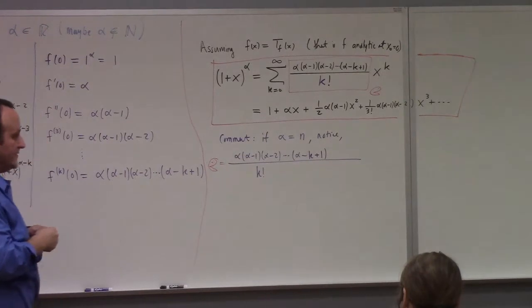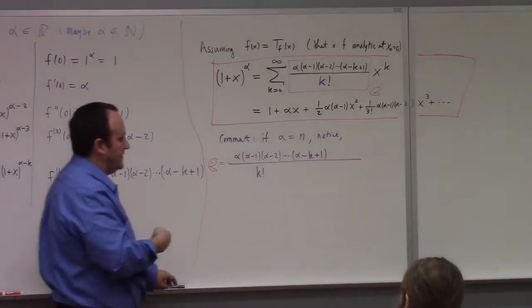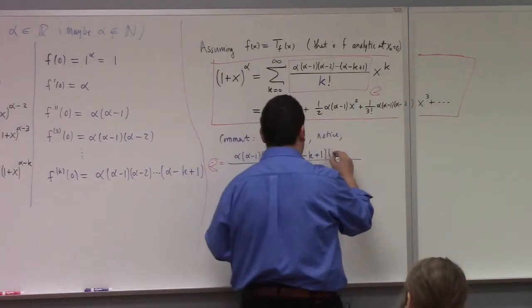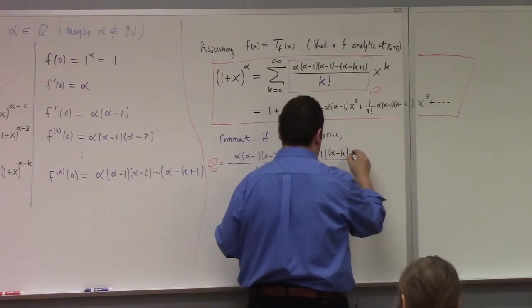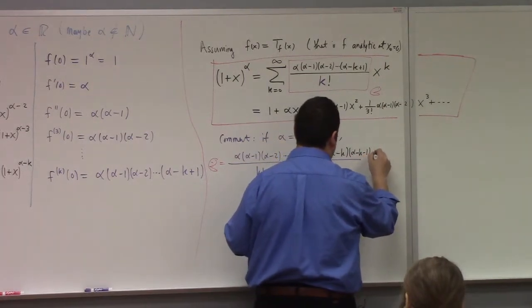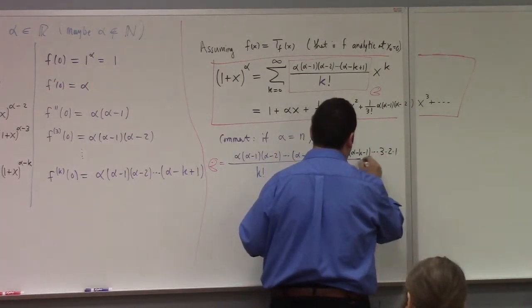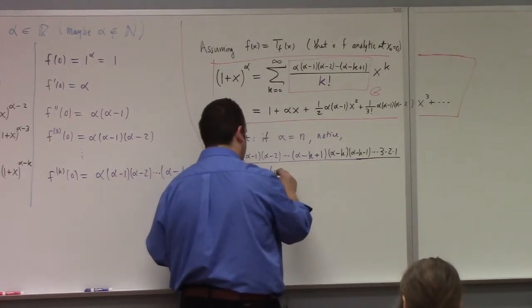But what could you do to that? How about you just multiply the top and the bottom by, what if you keep going in the top? You add to that alpha minus k, alpha minus k minus 1, dot dot dot, 3 times 2 times 1. And if we do that upstairs, we have to do it downstairs too, right?